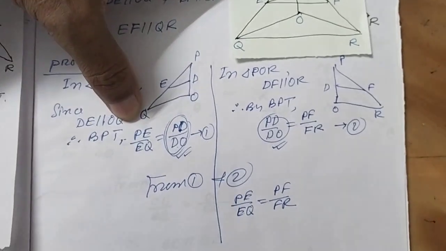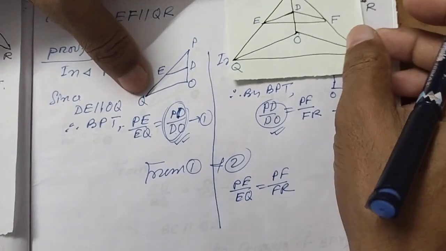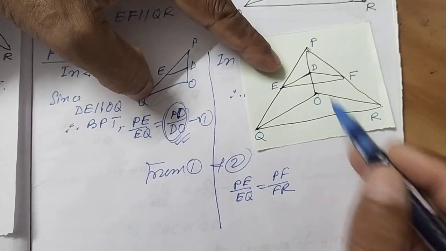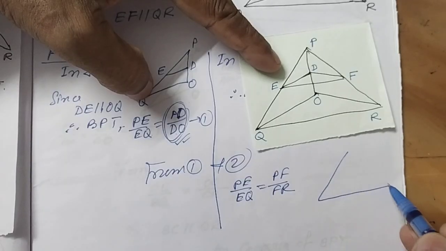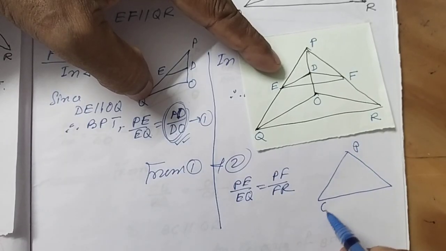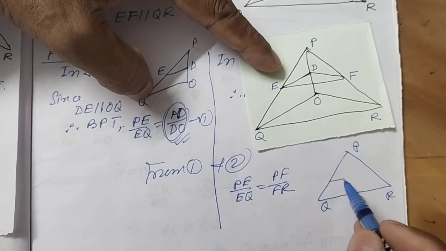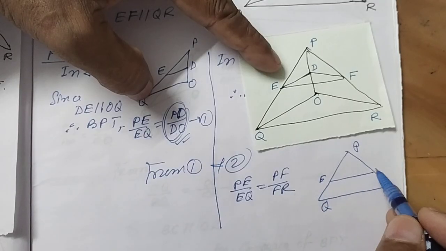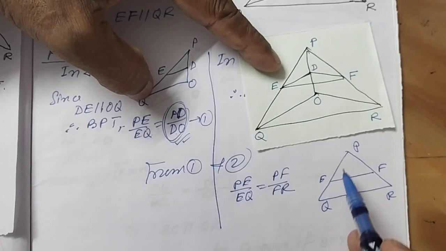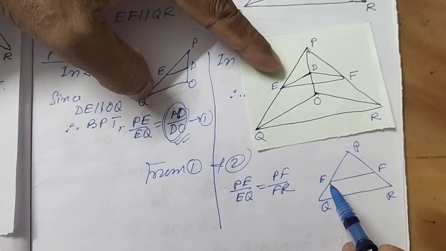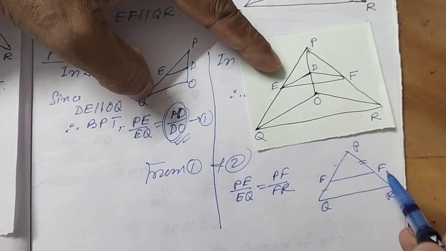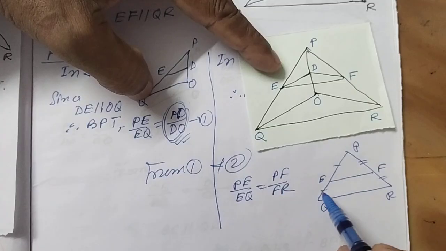Now we will take the whole triangle. I am drawing the whole triangle PQR and only this line EF. So what did you get here? PE by EQ, this side by this side ratio, is equal to PF by FR.